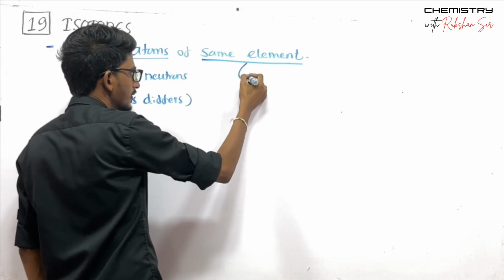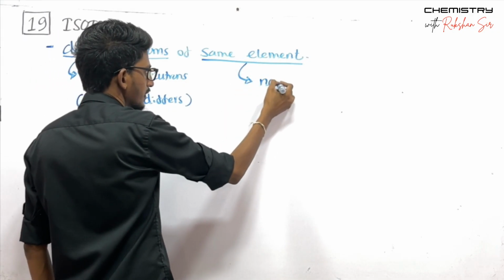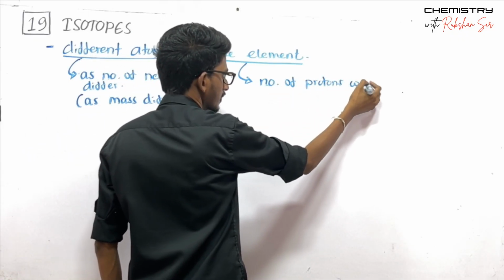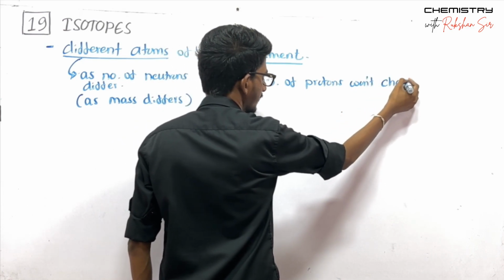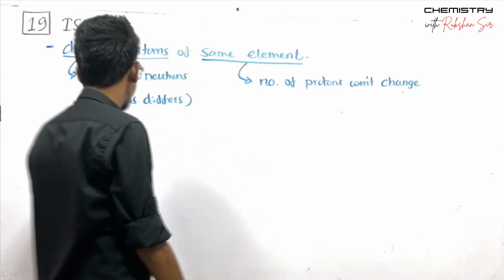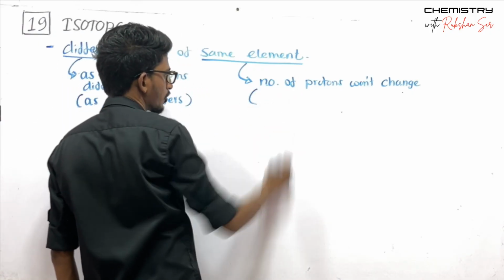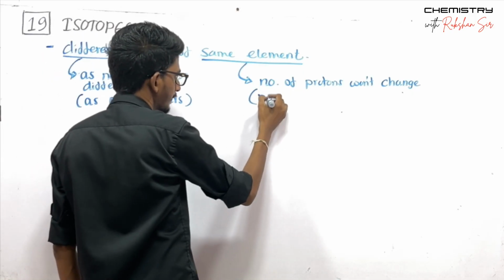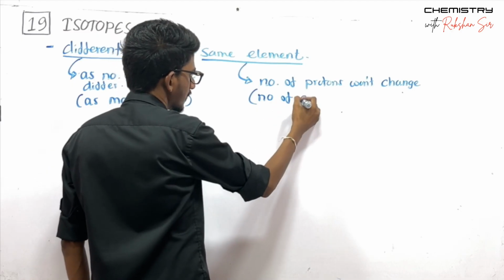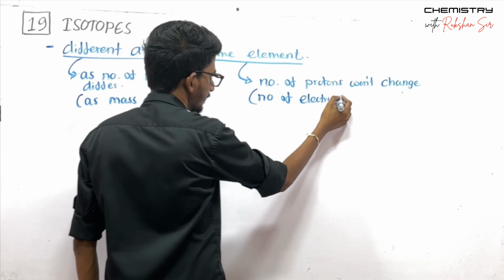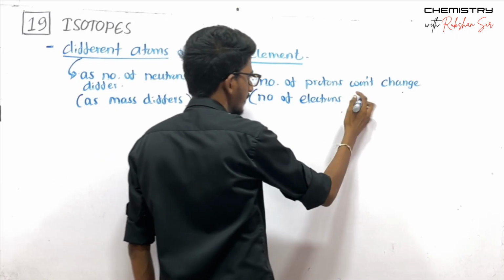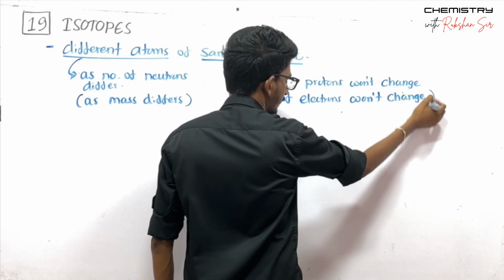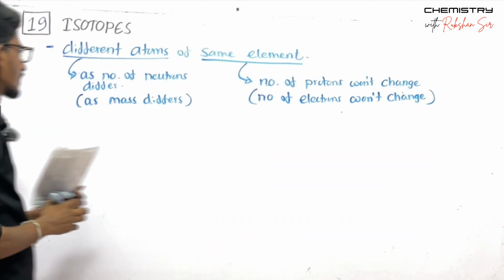Same element means number of protons won't change. Remember that. So as protons are equal to the number of electrons for an atom, electrons also won't change. Right?